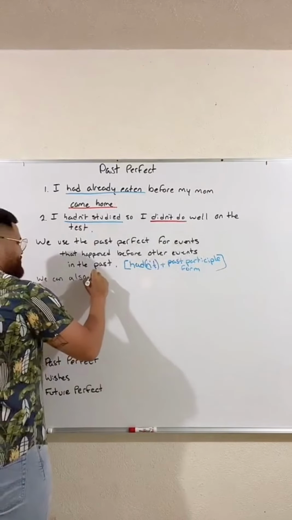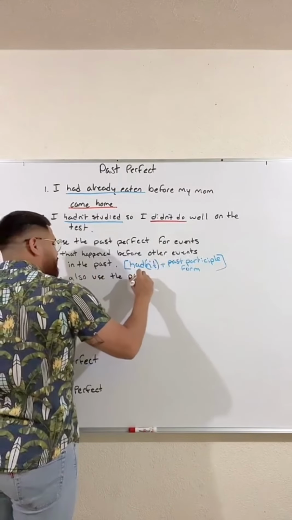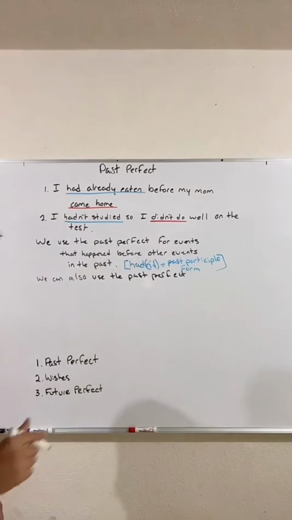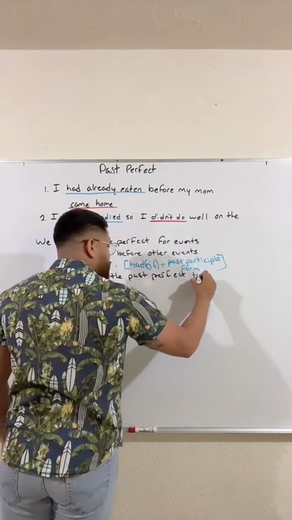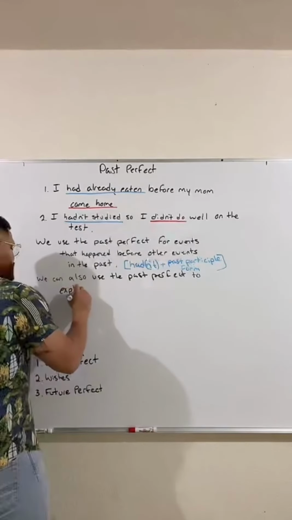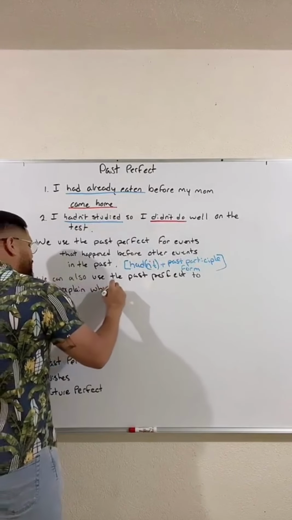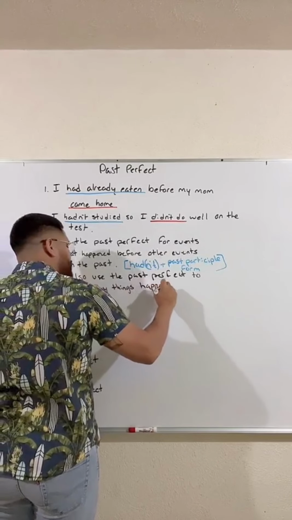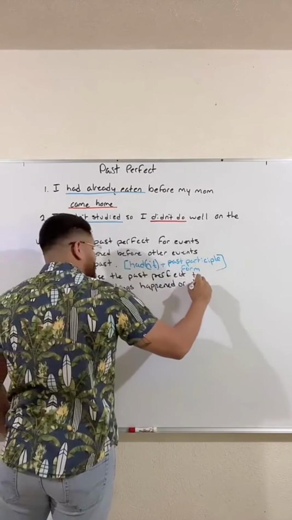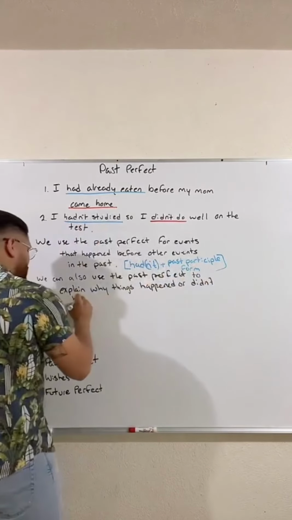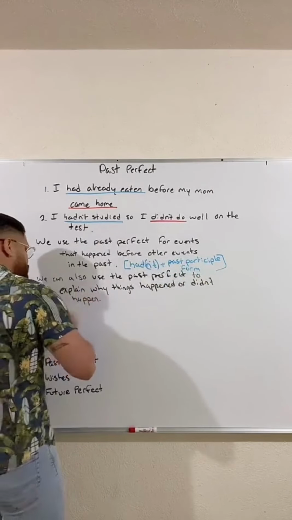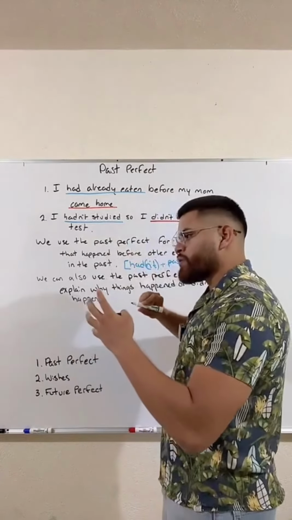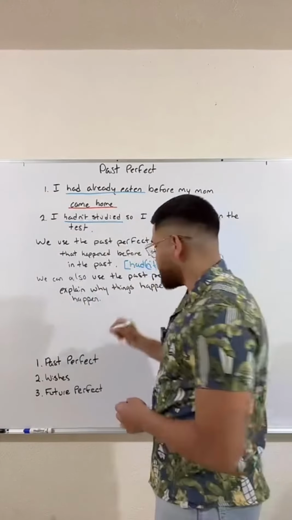We can also use the past perfect to explain why things happened or didn't happen. In this case, it's usually with the connector because.